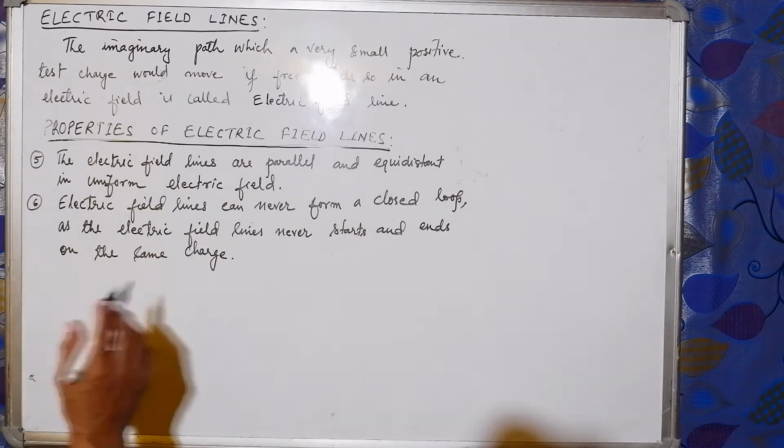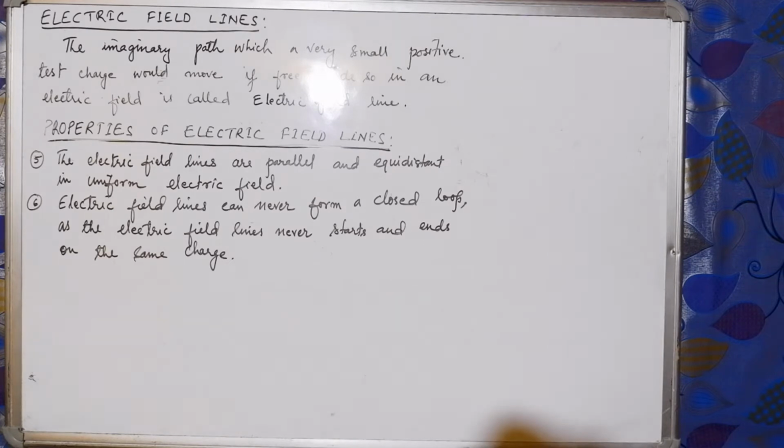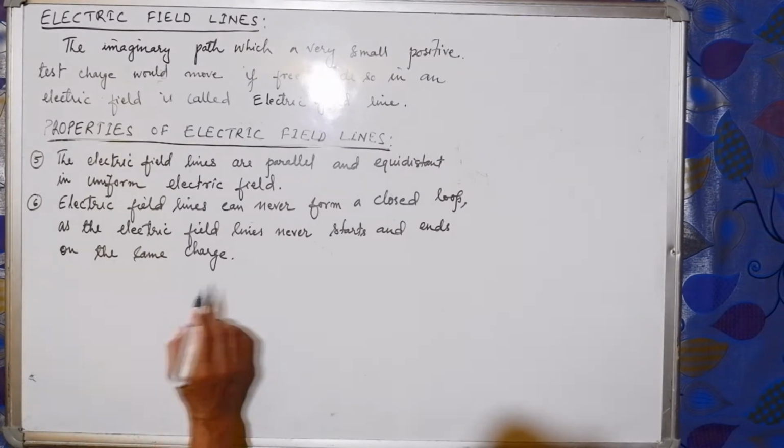So electric field lines can never form a closed loop, as the electric field lines never start or end on the same charge.